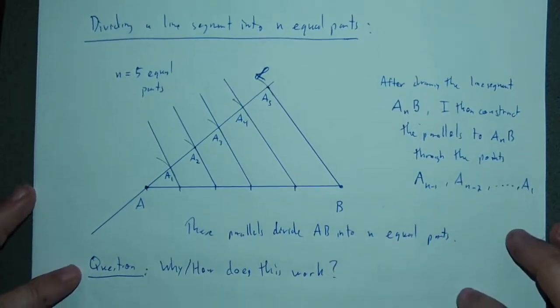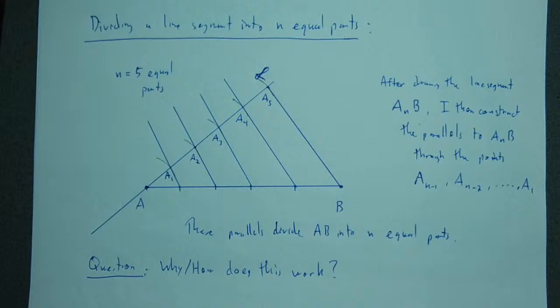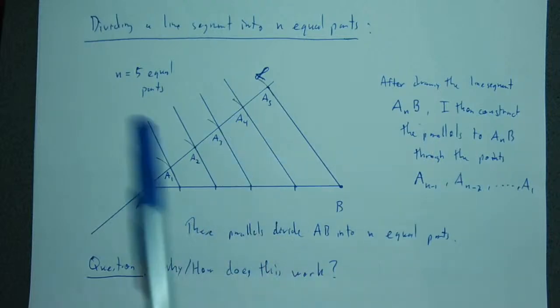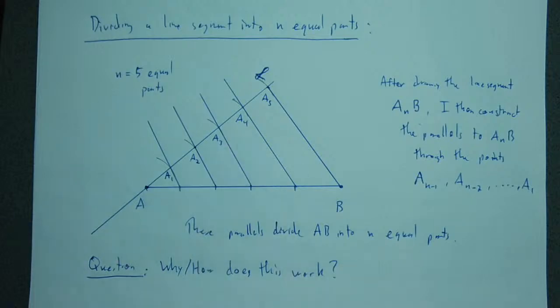So there's some questions here that we're not going to completely satisfactorily answer until the next chapter. So there's a little bit of hand waving at this point. One, when I'm constructing these parallels, I'm assuming that I have one parallel that I can possibly construct. There's no second option here. What does that mean?